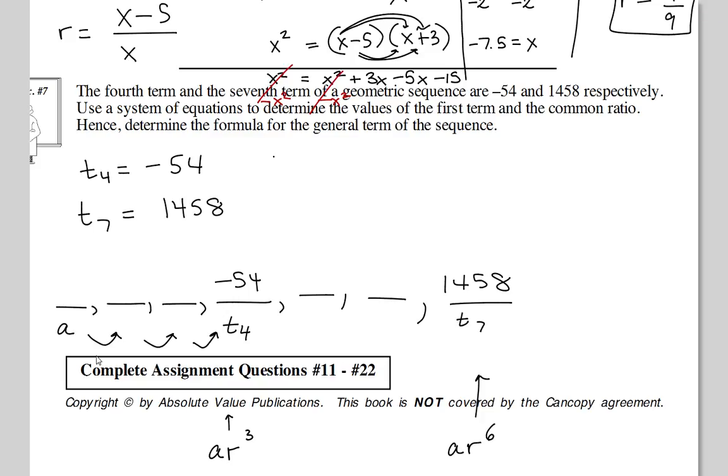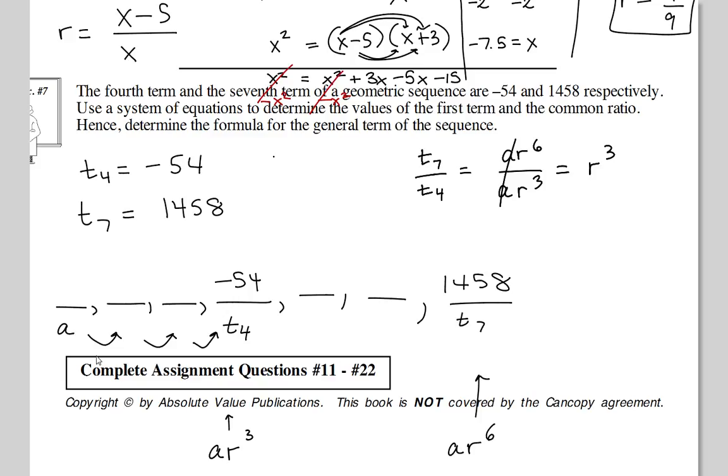So, term 7 divided by term 4 would be A R to the 6 divided by A R cubed. Do you agree? So the A's cancel, and how many R's are left over? 3, right?